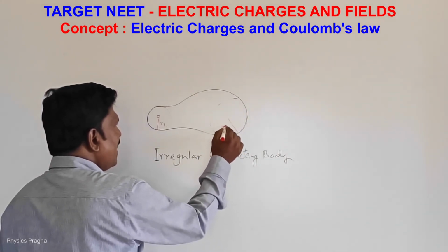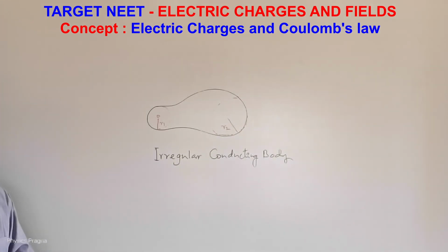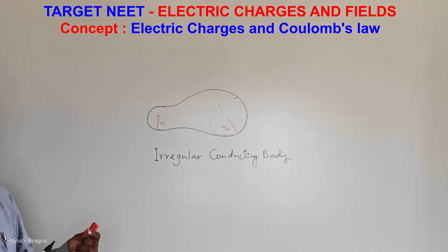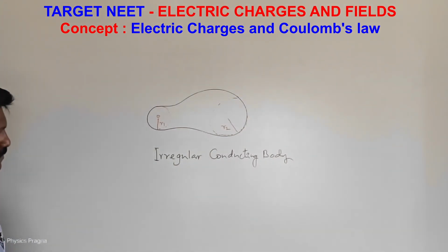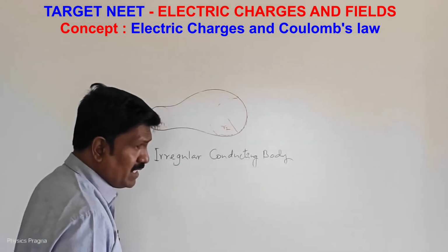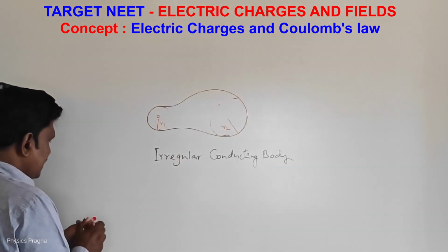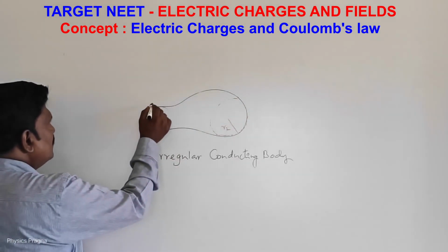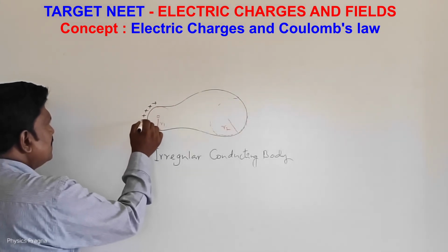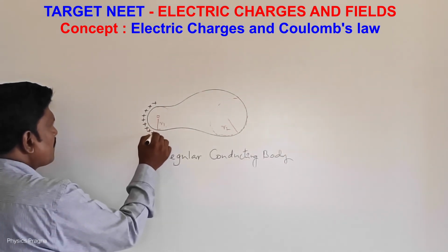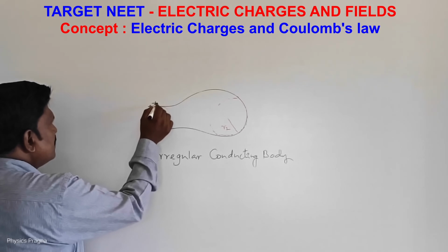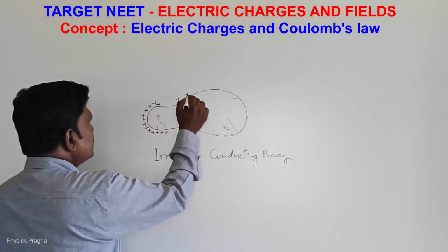This radius is R2. It is a conducting surface. Charges will reside on the surface. So I have given the charge. More charges will be here, less charges will be there.